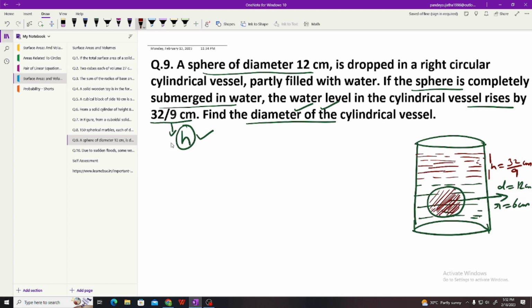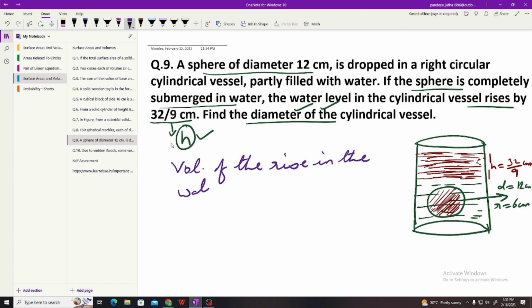So it's very clear the volume of the ball which is placed inside the vessel will be equal to the volume of the water level rise. So let's write the formula here. Volume of the rise in the water level will be equal to volume of sphere.